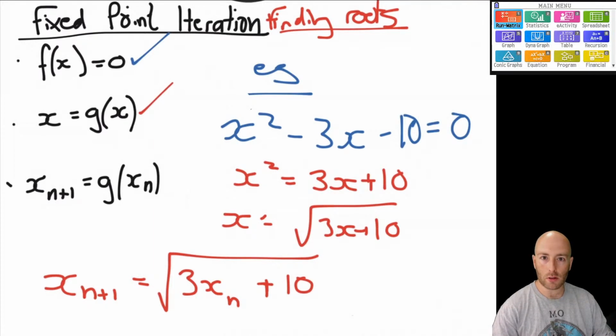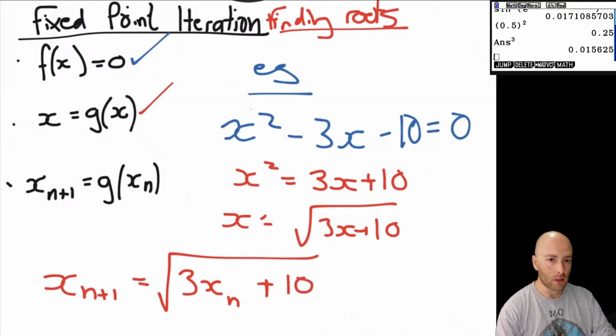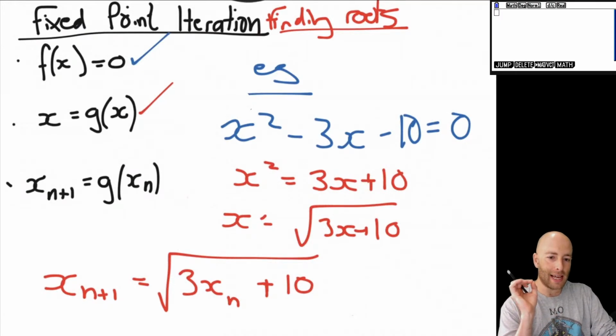Alright, so I'm going to go to standard calculator. Let's delete all this quickly. The easiest way to do this is to use the answer function in the calculator, because then we can just keep spamming equals and iterating.